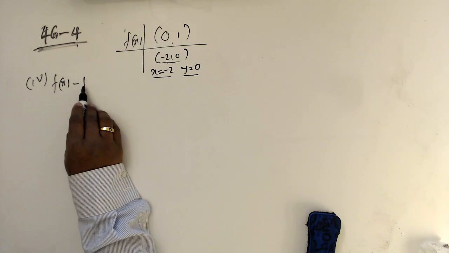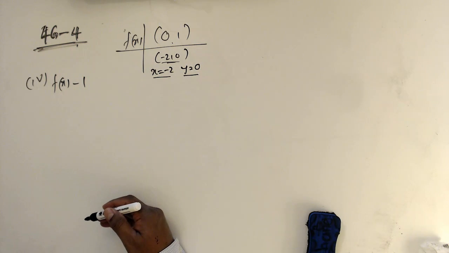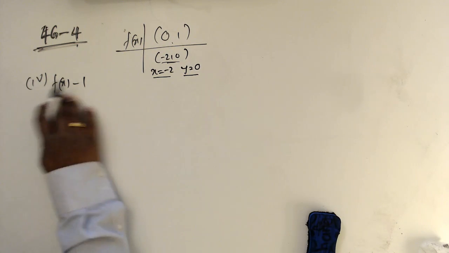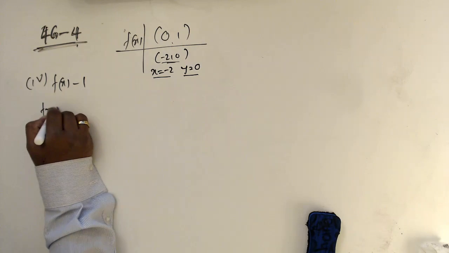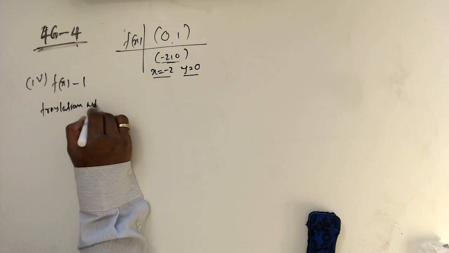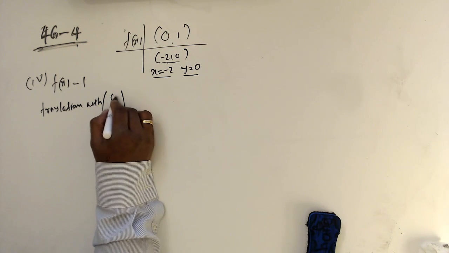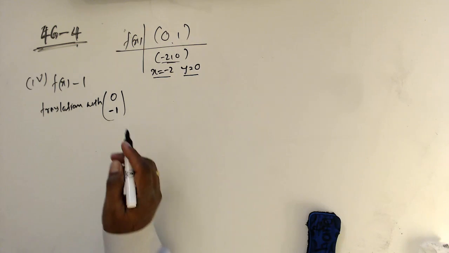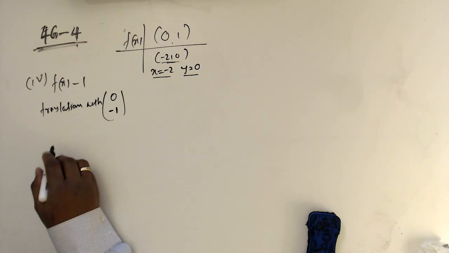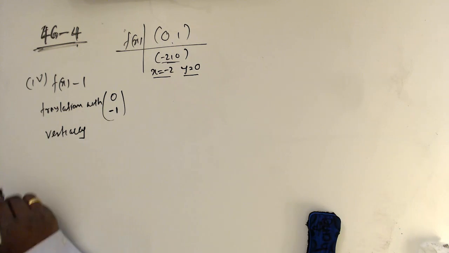And also I understood that I have to shift the whole system by 1 unit down. Those are the information I am having. This one we usually call a translation. Translation in vector form, x is usually on top, y value at the bottom. Then which direction? Vertically.